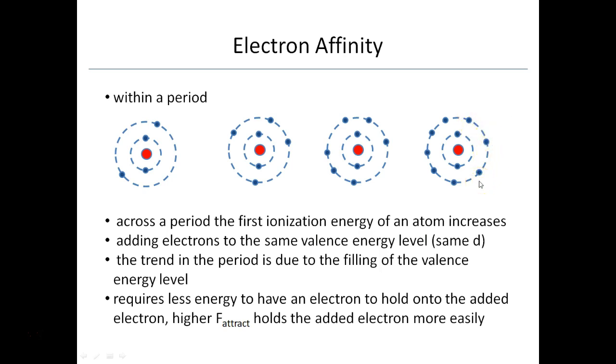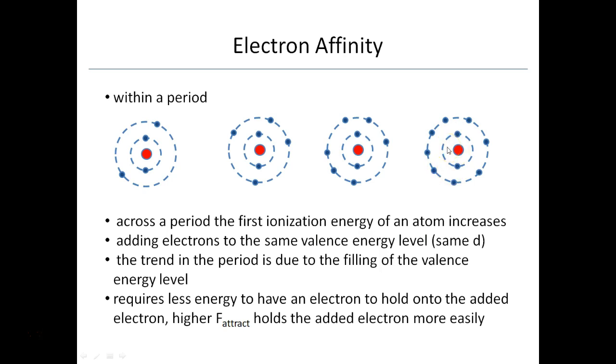And so as a result, I have a decreased cost. So it costs more energy here, it costs less energy here. Okay? It requires more energy, and my energy requirement decreases as I go across the period. It's due to an increased force of attraction as a result of a higher E and C value as I move across the period.